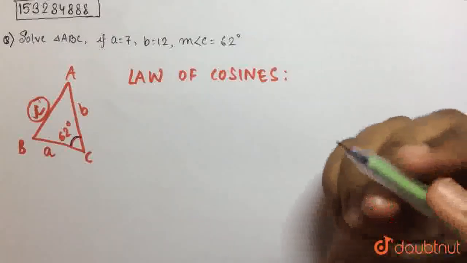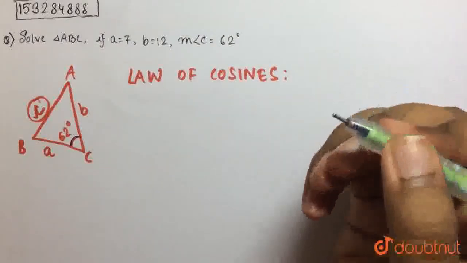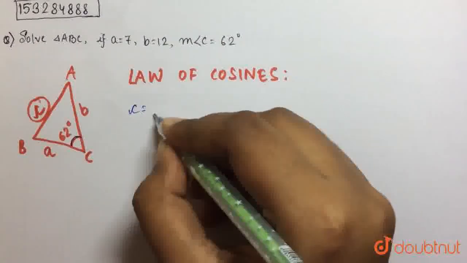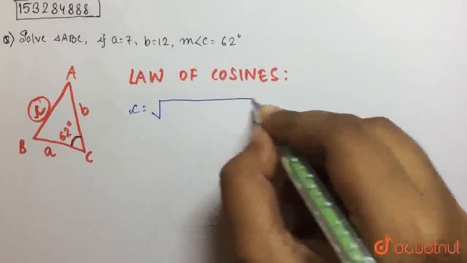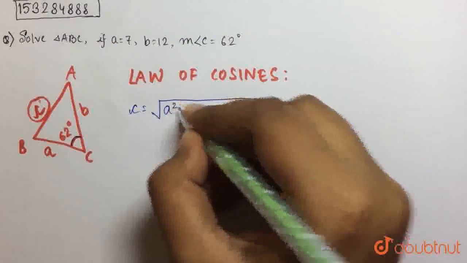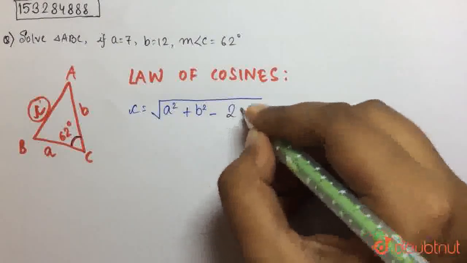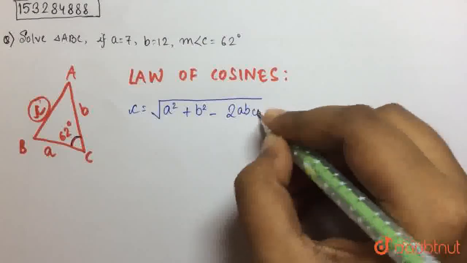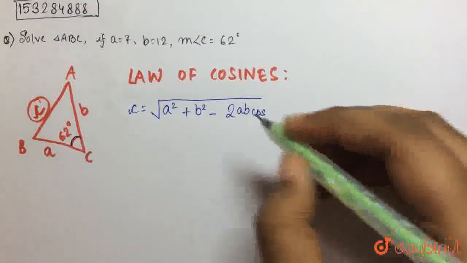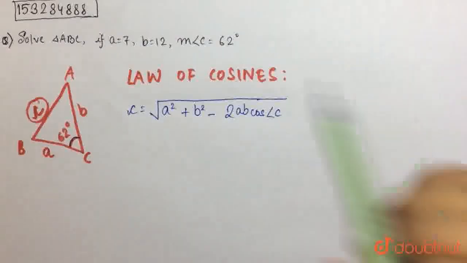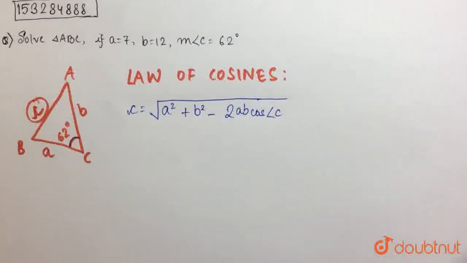All right. Under such circumstances, it is said that the dimension of the other side c will be given by c equals to root over a square plus b square minus 2ab cos the included angle, that is angle C. Okay. So that is our law of cosines.